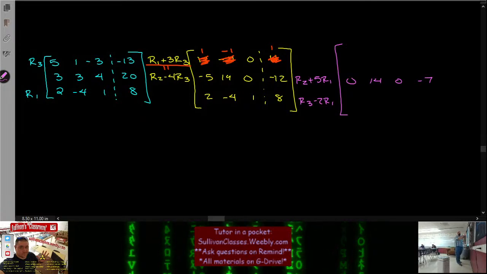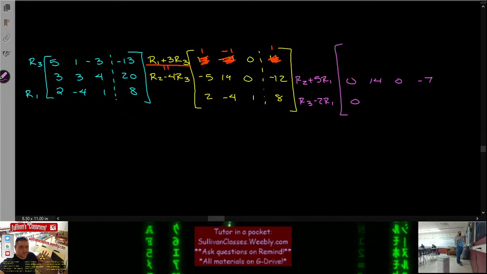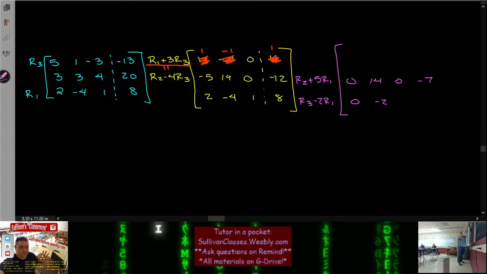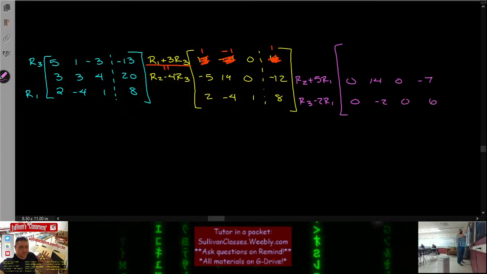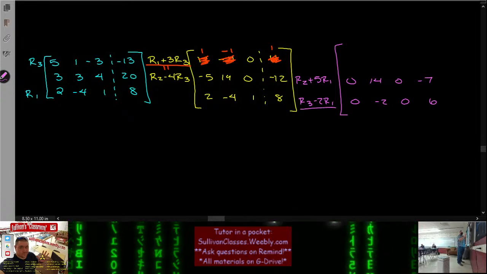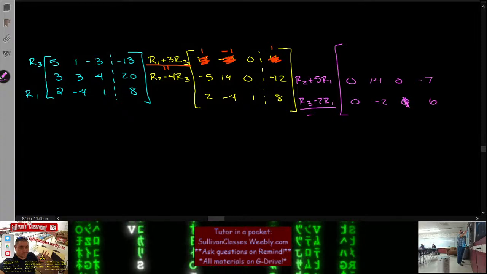Times, what was it? -2 and add it, gone. -2 and add it. Right? Yeah, -2 and add it. And then while we're here, divide by -2. That's a 1.